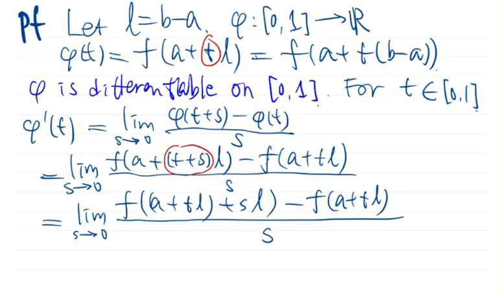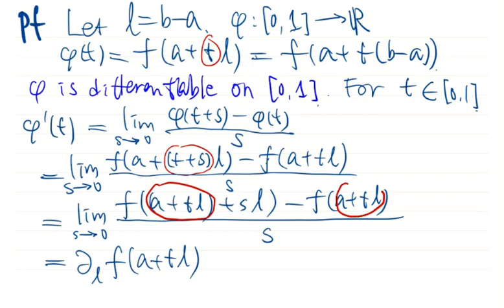This is exactly the directional derivative of f at the point a plus tL along the direction L. So this a plus tL here and here serves as the a in the definition of directional derivative.